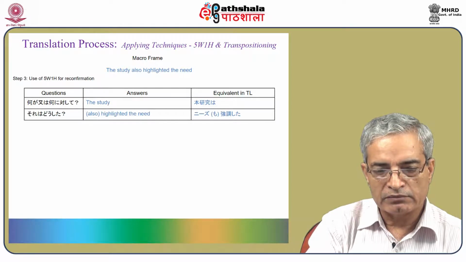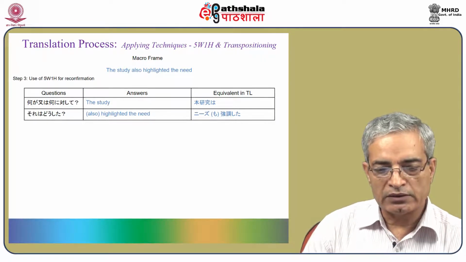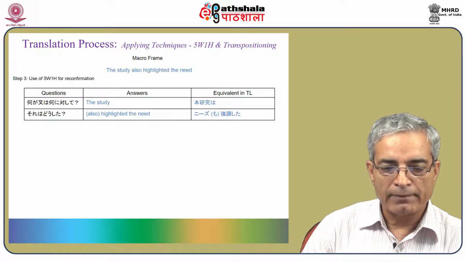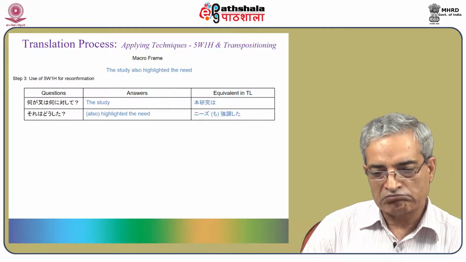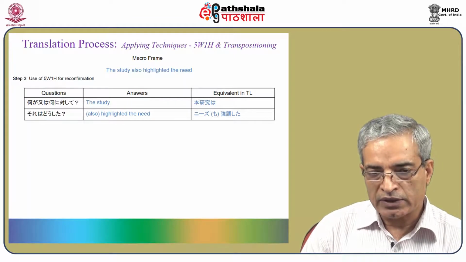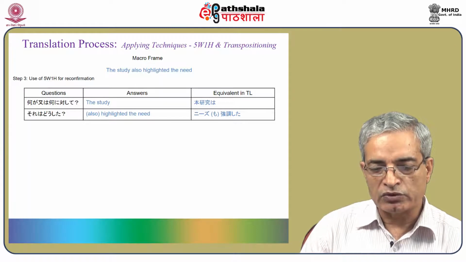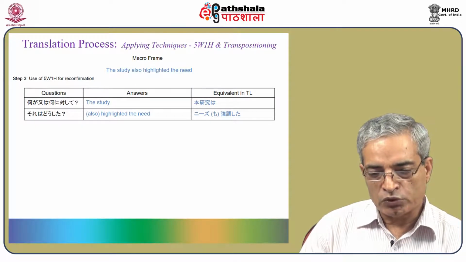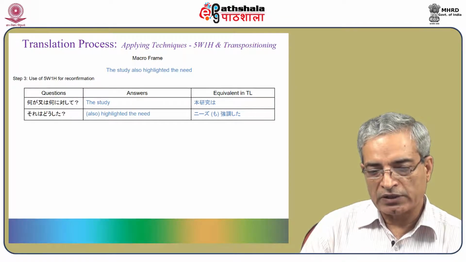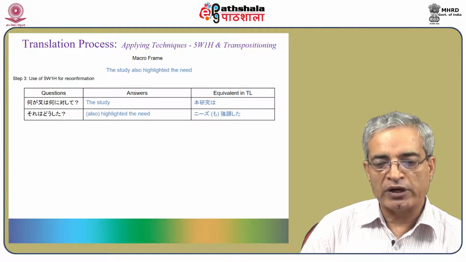The study, by questioning nani ga or nani ni taishite, the study, and the equivalent is hon kenkyu ga. This study, the study. If you simply say kenkyu ga, then also it's okay, but in the running context it was making a sense of this study, so hon has been put here. Soreba doshita, highlighted the need. Also, highlighted the need, also can be dropped in English, but in Japanese it may have to be put right in the beginning.